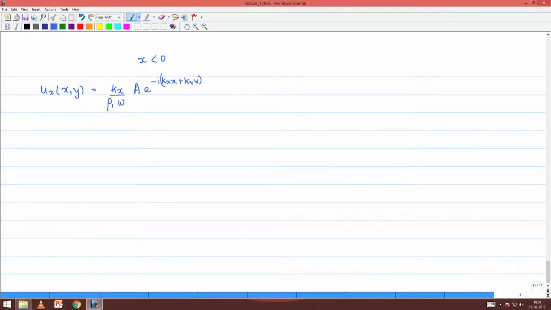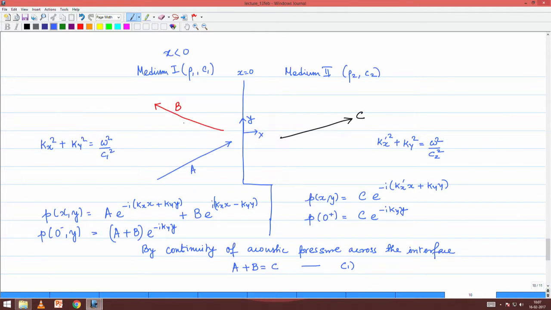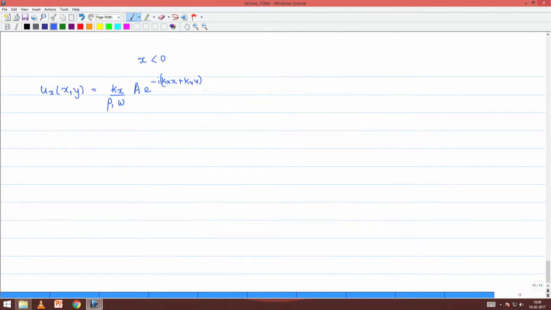But for the B wave it will be the other way round, because the B wave has the component along the negative x direction. So, that will have a minus sign. So, minus k x divided by rho 1 omega B e to the power i (k x x minus k y y). This is as far as the x less than 0 region goes.